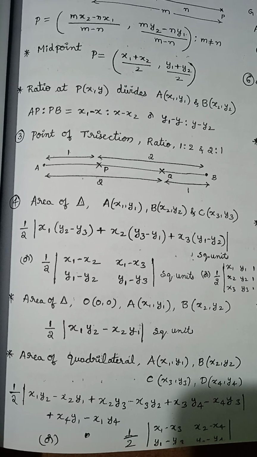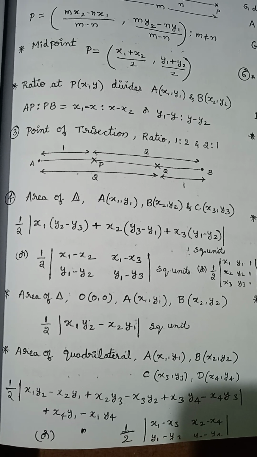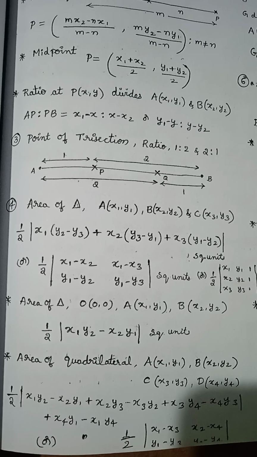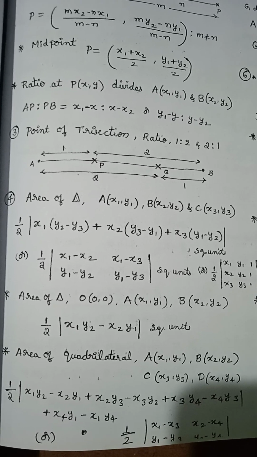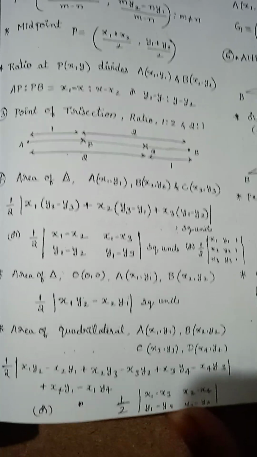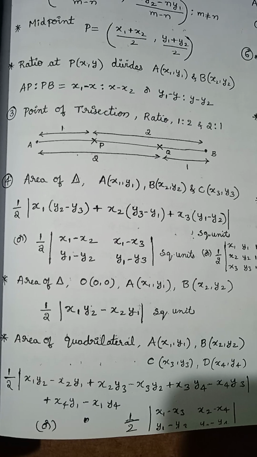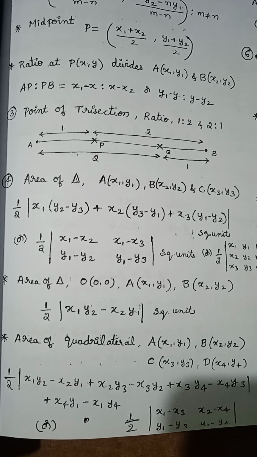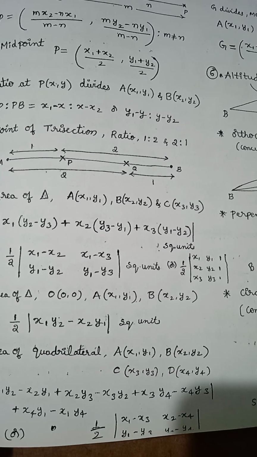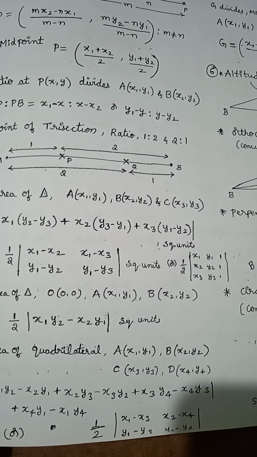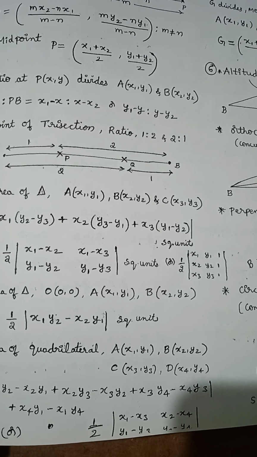We can put the suffixes as 1 2 3, 2 3 1, 3 1 2, square units, or half of [(x1 minus x2)(y1 minus y3) minus (x1 minus x3)(y1 minus y2)] square units, or simply half of the determinant with rows x1, x2, x3; y1, y2, y3; 1, 1, 1.